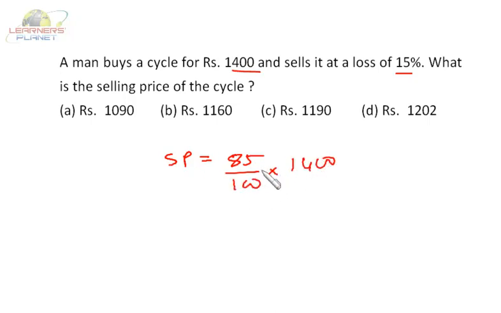That means selling price is 85% of cost price. Just multiply. You'll be getting the answer, that is 85 into 14, that is 1190 rupees. Okay, I hope you are clear.